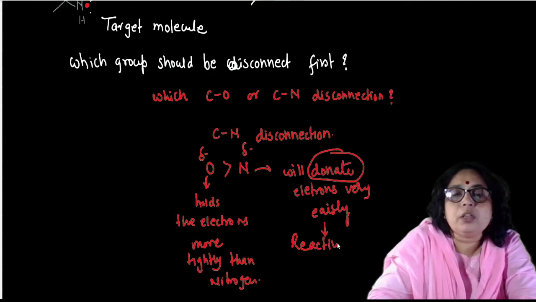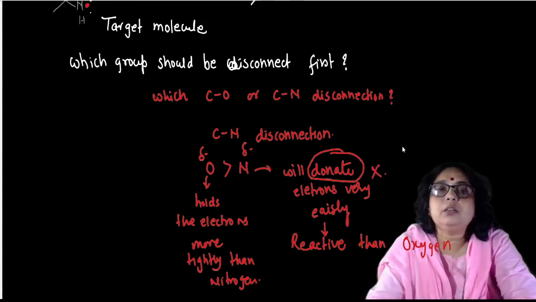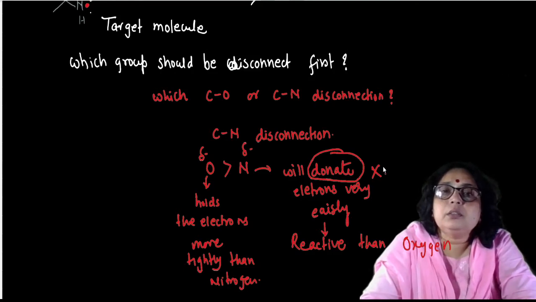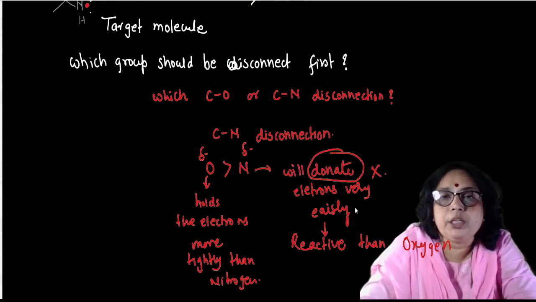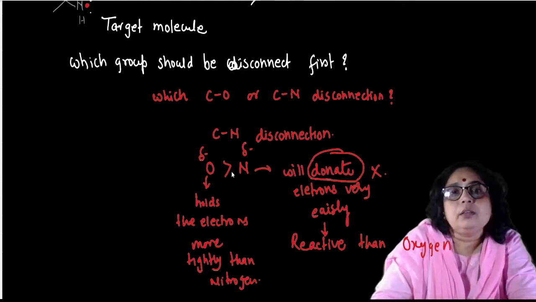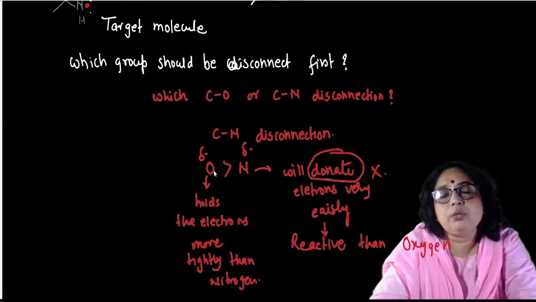The point is reactivity. Nitrogen is more reactive than oxygen. So we cannot consider the donation of electrons because this factor doesn't work over here. Here the nitrogen is less electronegative, so it is more reactive than the oxygen.